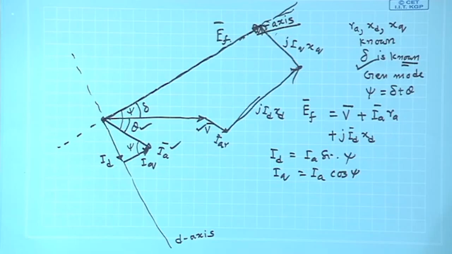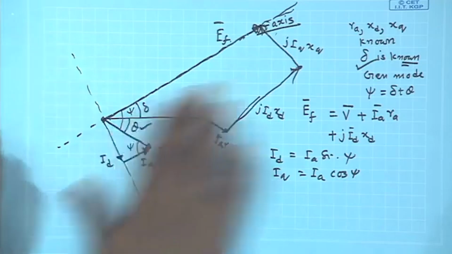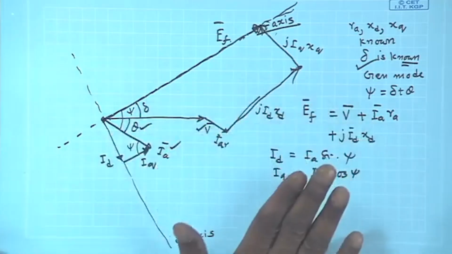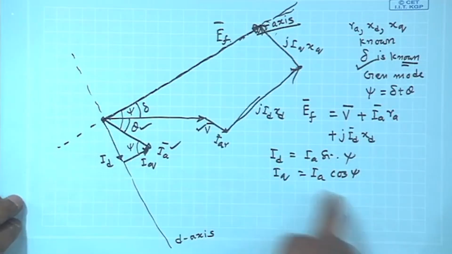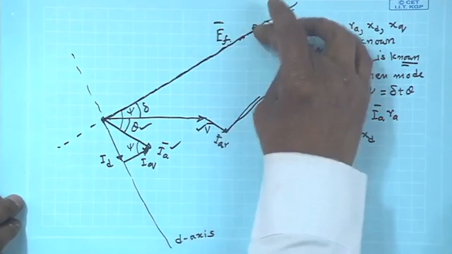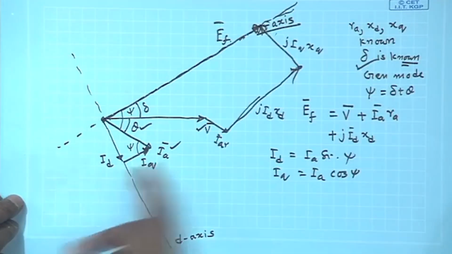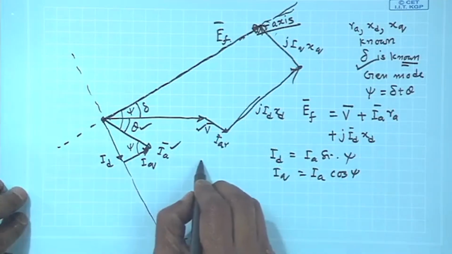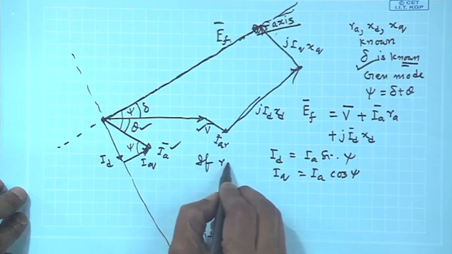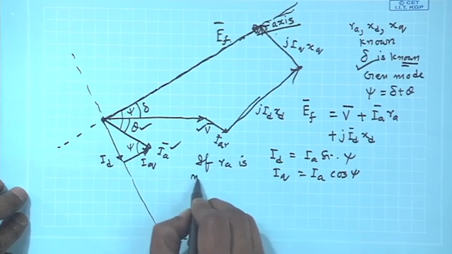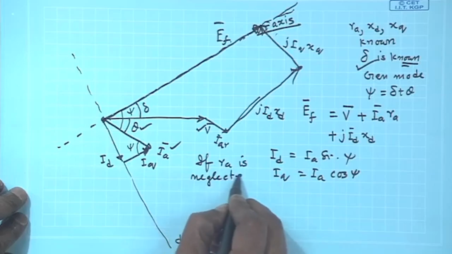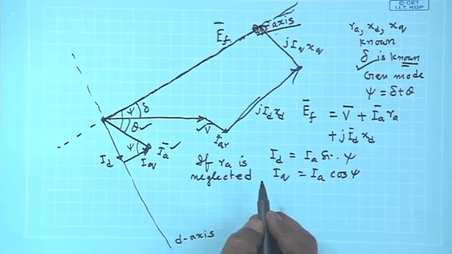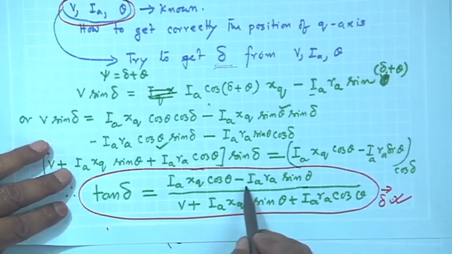And note that in this phasor diagram everything is in place. x d is higher than x q. So, this length will be higher than this length, and you get it. If R a is neglected, you can separately find out the expression of tan delta, but in this case this term will not be present.